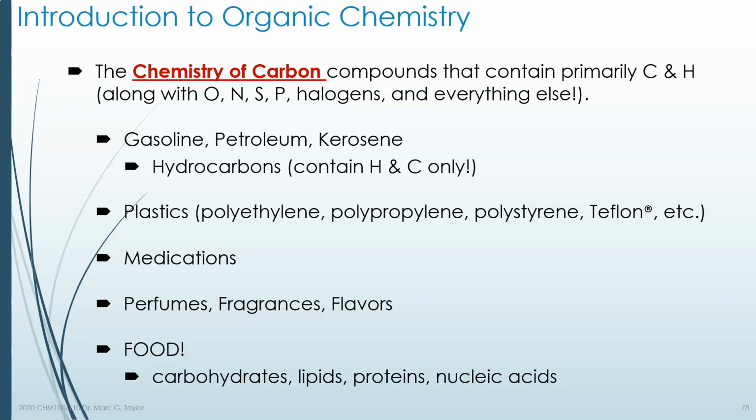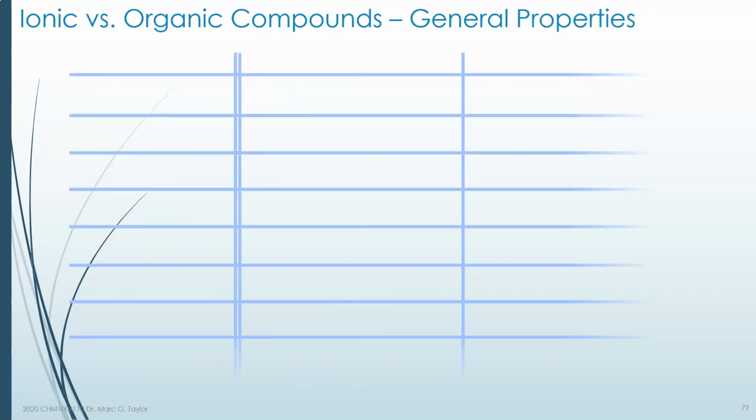Sugars and more complex carbohydrates, these are organic molecules. Lipids and other fat-related molecules, those are organic. Proteins and peptides, as well as nucleic acids like DNA and RNA. These are all carbon-based. They have other elements in them like oxygen, nitrogen, sulfur, and phosphorus, but they are carbon-based compounds and therefore considered organic molecules.